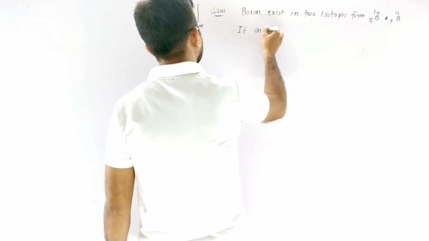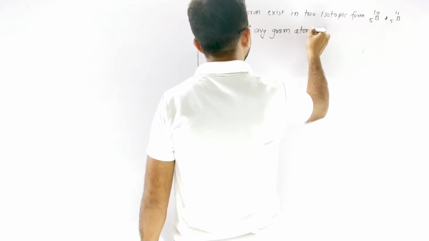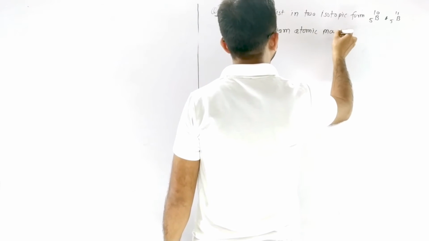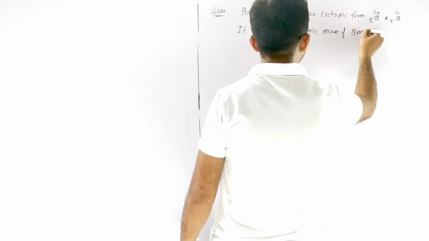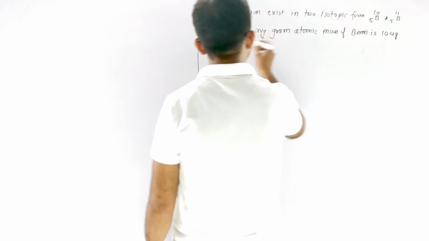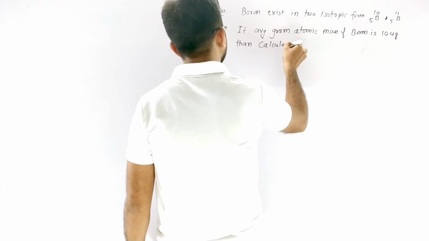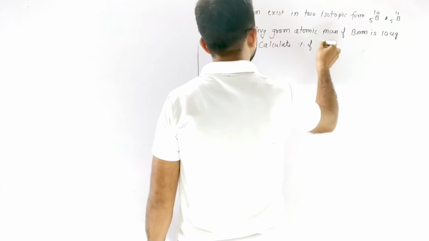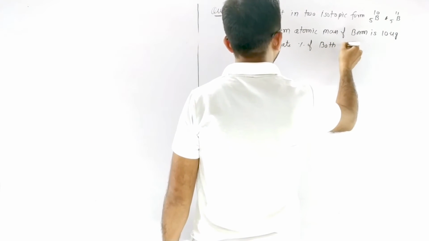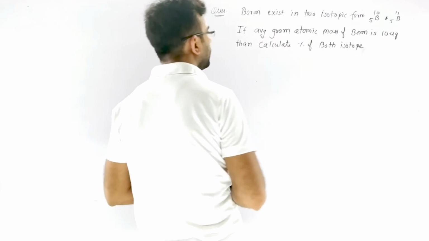If the average gram atomic mass of boron is 10.4 gram, then calculate the percentage of both isotopes. So how do we calculate?